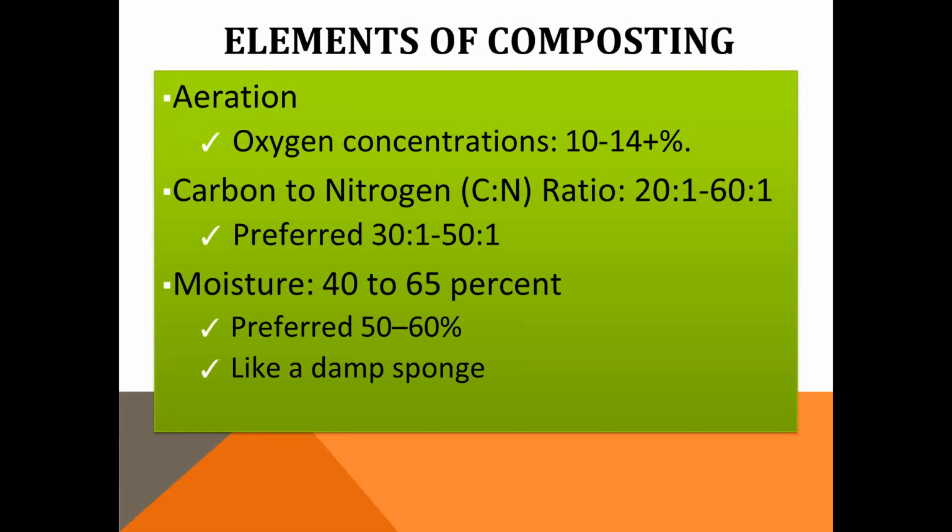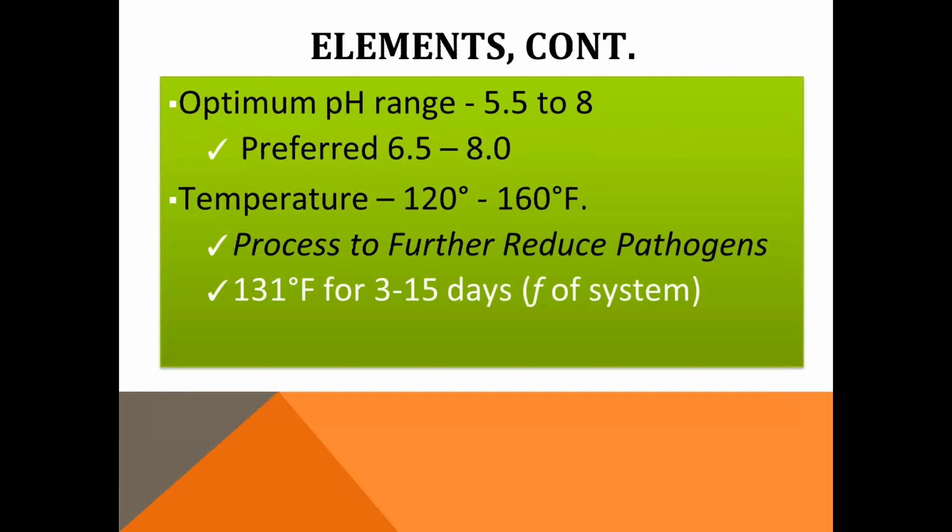And then also moisture, just like us, they need water, but they don't need too much water because they will drown, but they need enough to be able to breathe and to use for an energy source and to have moisture. So basically your compost wants to be uniformly like a damp sponge.